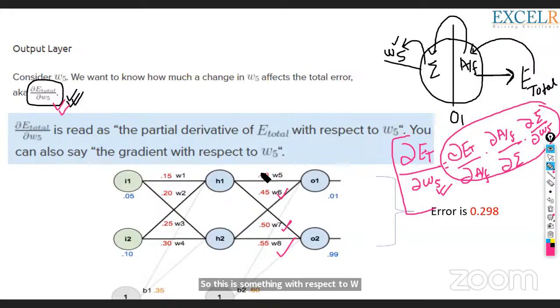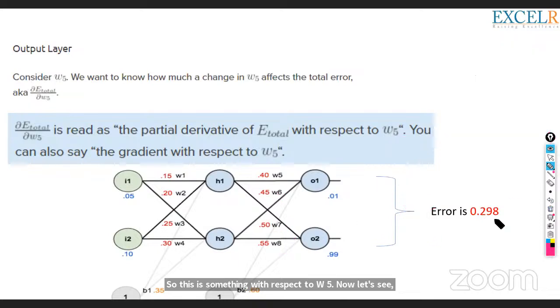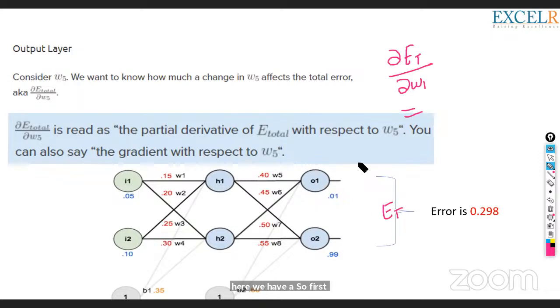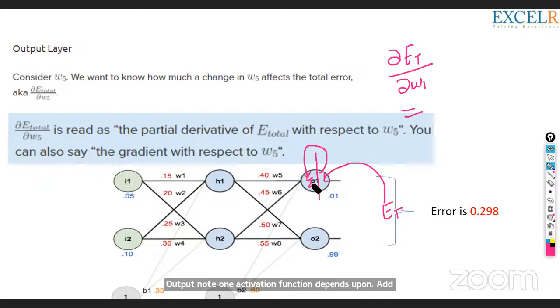Now let's see, guys, if you want to update W1, how E total will update W1 and how the gradient will be calculated. So del of E total with respect to del of W1. First of all, E total will be a function of the activation function for output node one. The output node one activation function depends upon the adder function output for output node one. The adder function output depends upon W5.